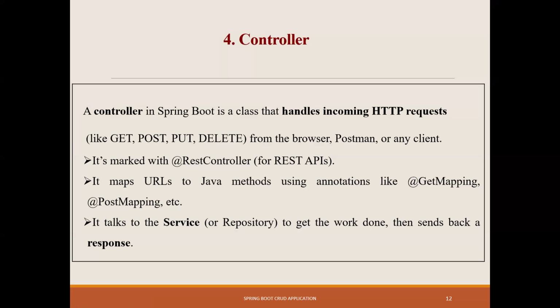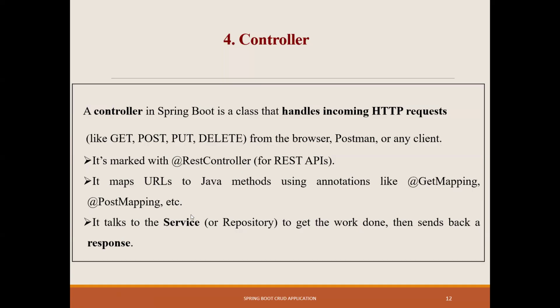So next one, controller. A controller in Spring Boot is a class that handles incoming HTTP requests, like GET, POST, PUT, DELETE, or all the operations that can be received from the web browser. And here this controller has been defined with @RestController.